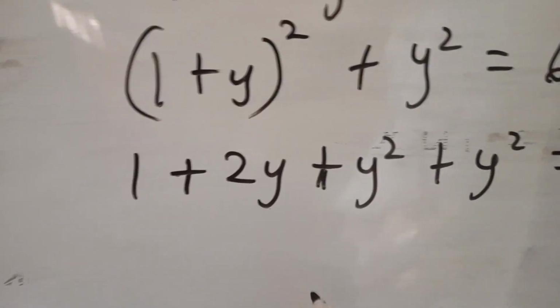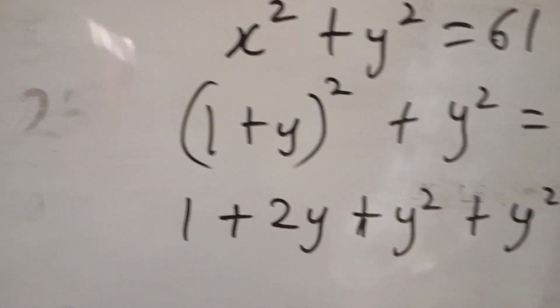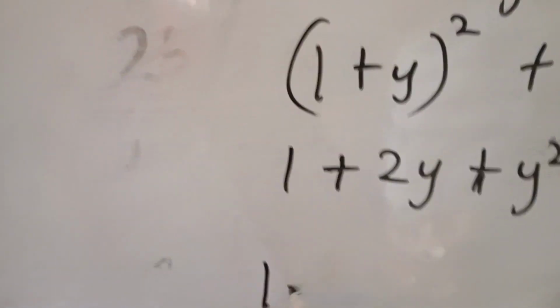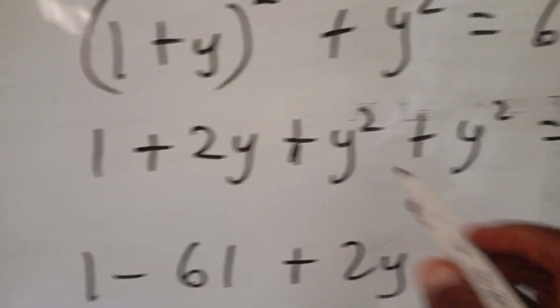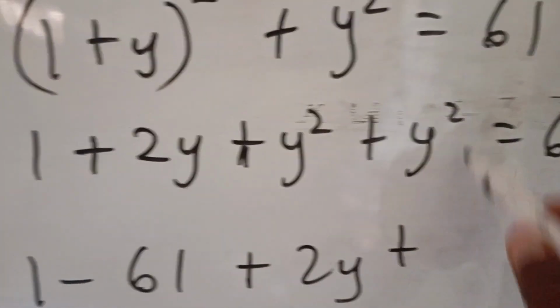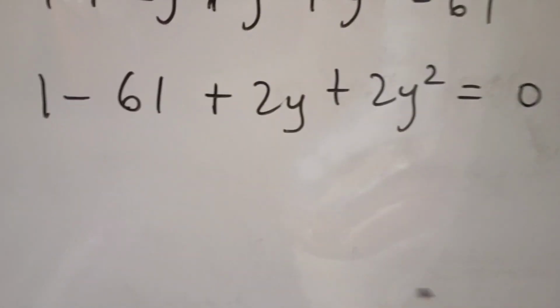Now, here, I'm going to move 61 to the other side of the equation. So if I move it to the other side, we're going to have 1 minus 61, and then we have 2y, and then we also have 2 of this y squared, equal to 0. Now let's arrange this.